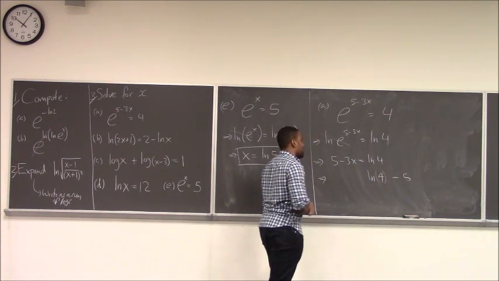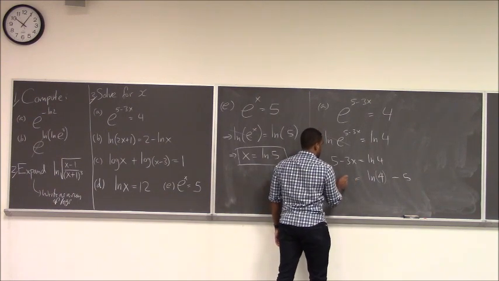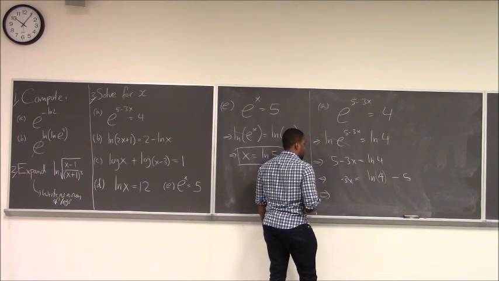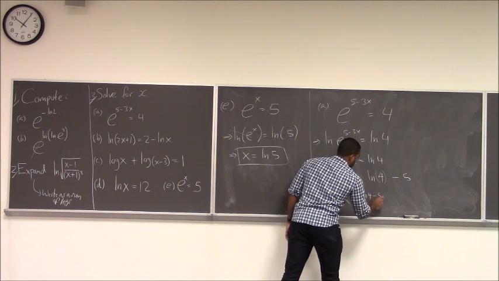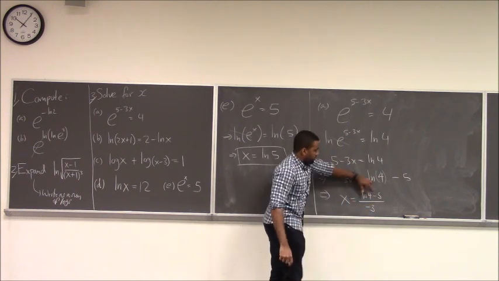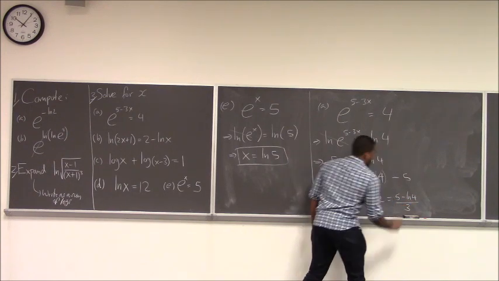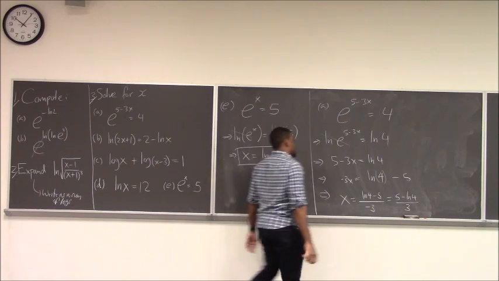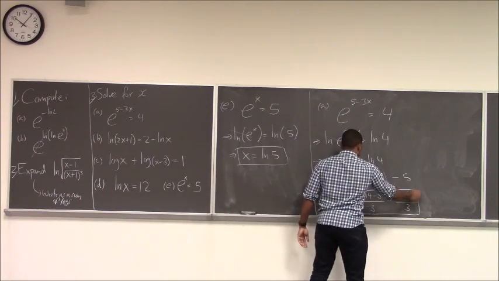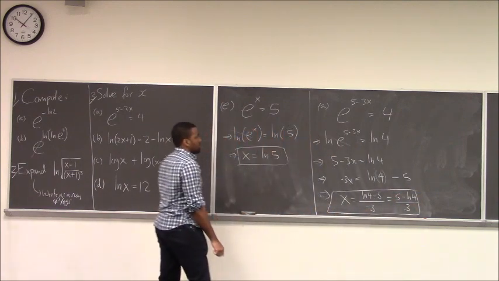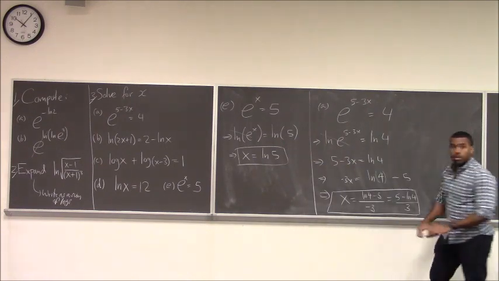The 4 is in the ln, not 5. And then multiply the 3 out, and divide the other side. So this is ln of 4 minus 5 over minus 3, or you can flip the top: 5 minus ln of 4 over positive 3. Questions on that?